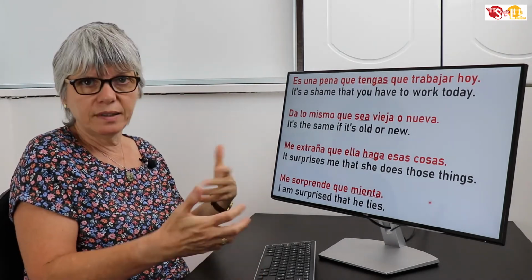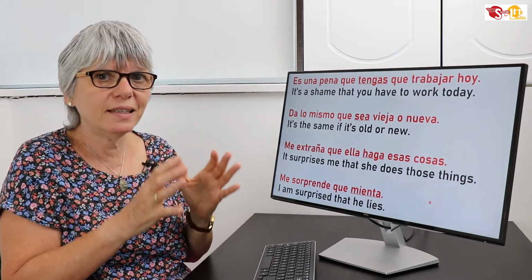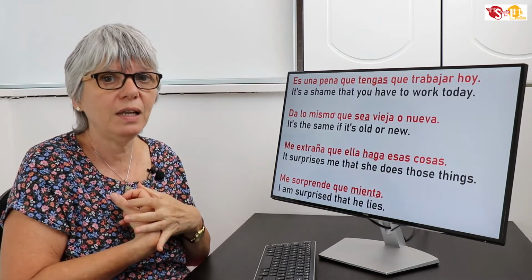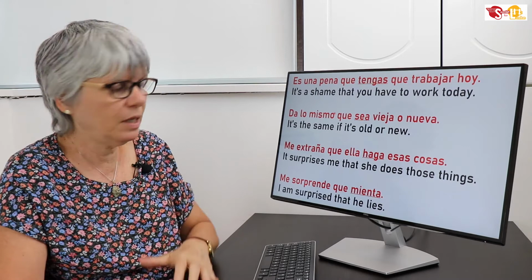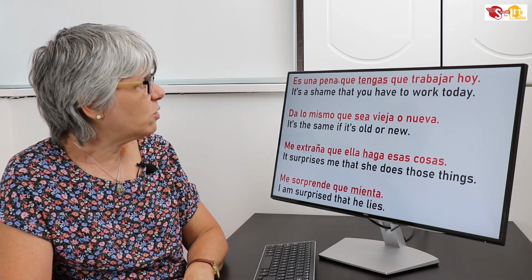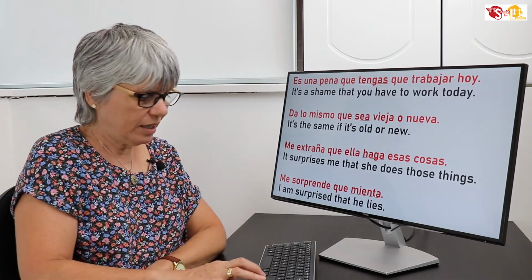Da lo mismo, it's the same. Es una pena, it's a shame. In all these cases, in the main clause, I am expressing my feelings, my emotions, my impressions about something which is in the subordinate clause. That's why in the subordinate clause we put the subjunctive.